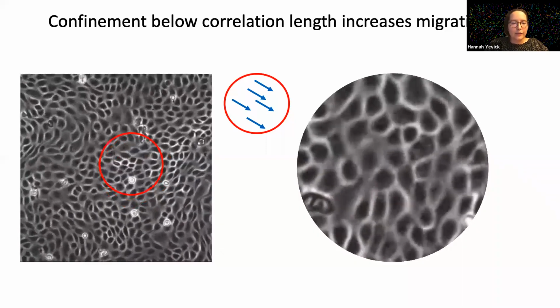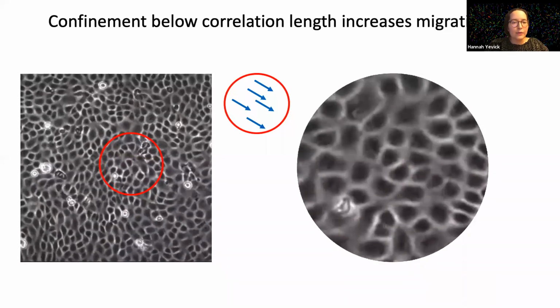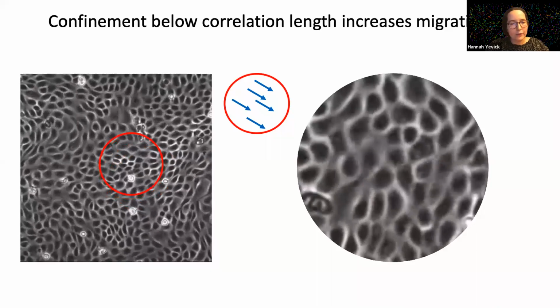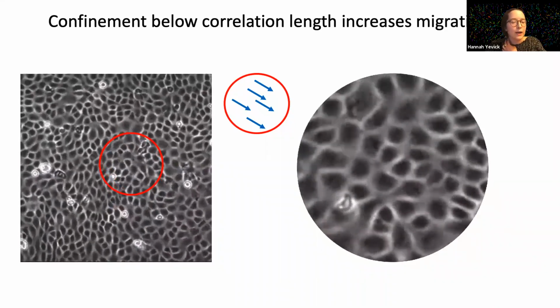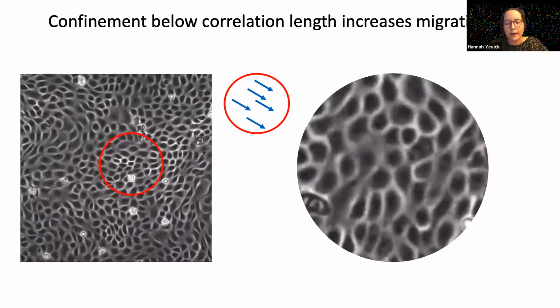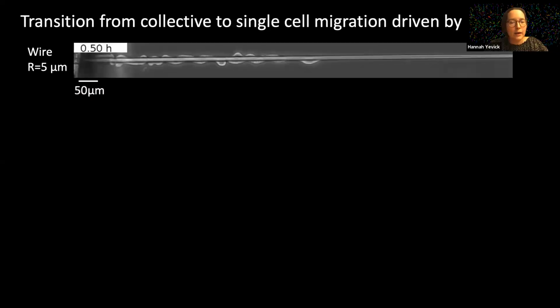So if the speed of the collective migrating front is not controlled by curvature, but rather by lateral confinement, what we identified is that there's actually a transition from collective to single cell migration, which is in fact driven by curvature.